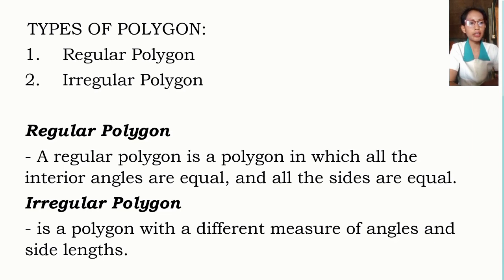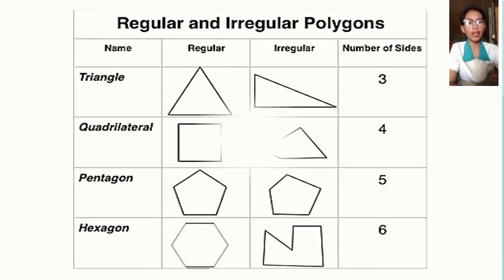So, let me present you some examples of that regular and irregular polygon. So, makikita natin dito na yung mga regular polygons at yung mga irregular polygons niya. Ito yung mga halimbawa.